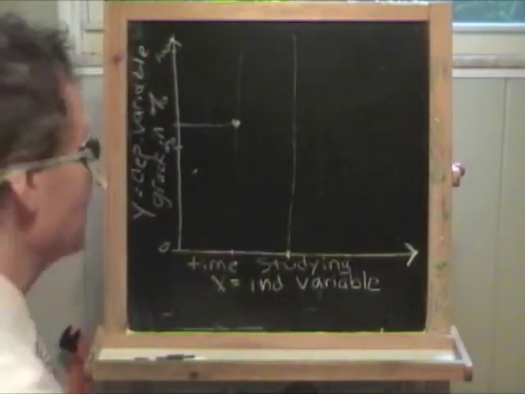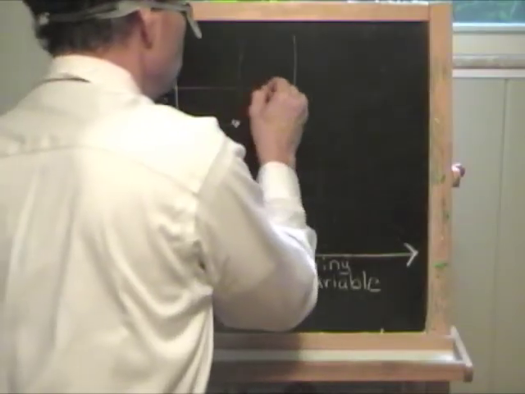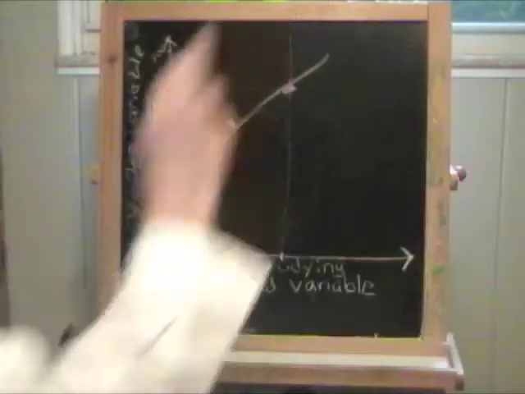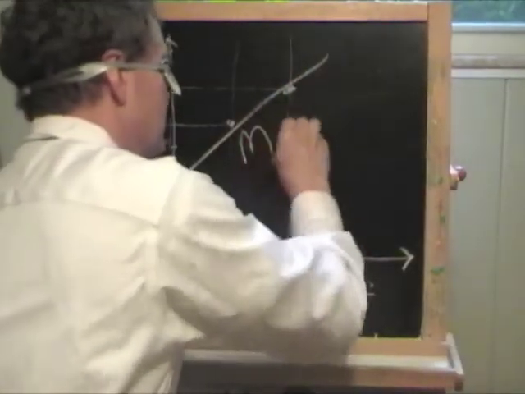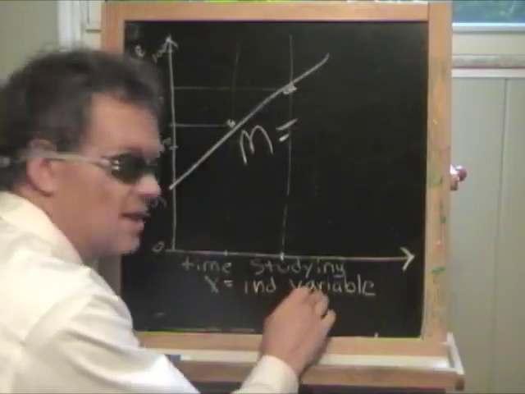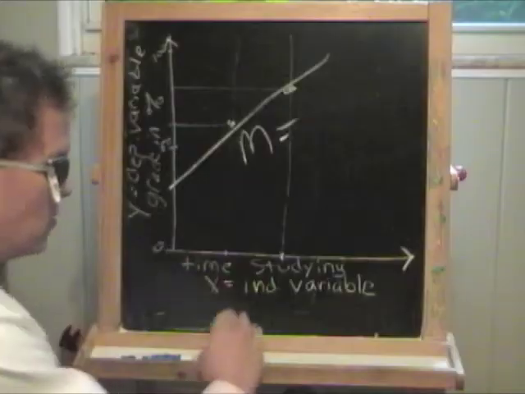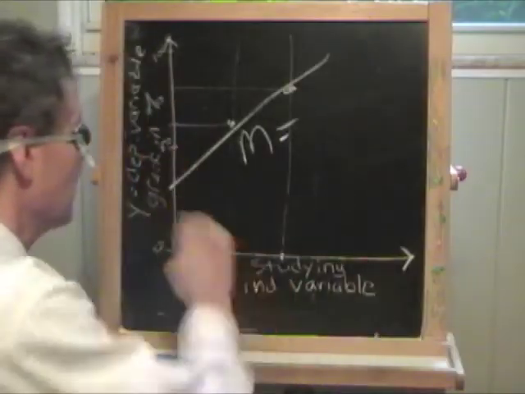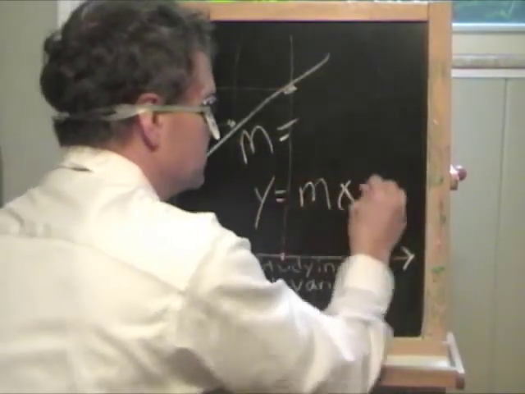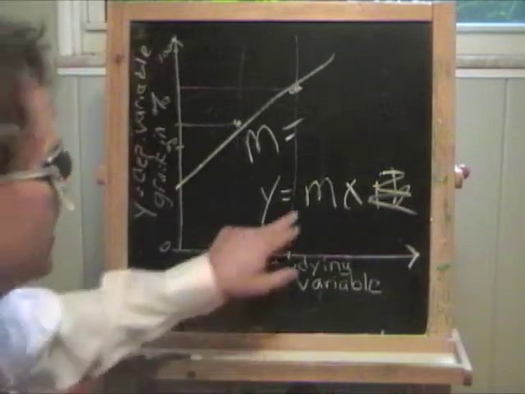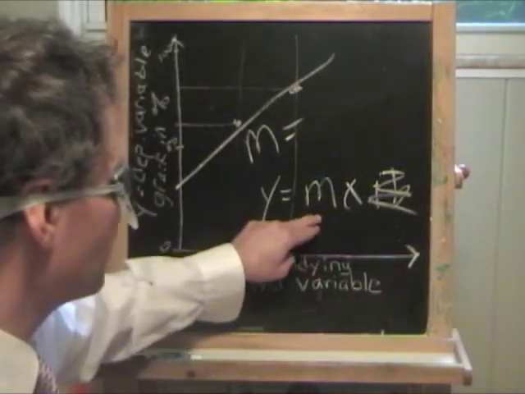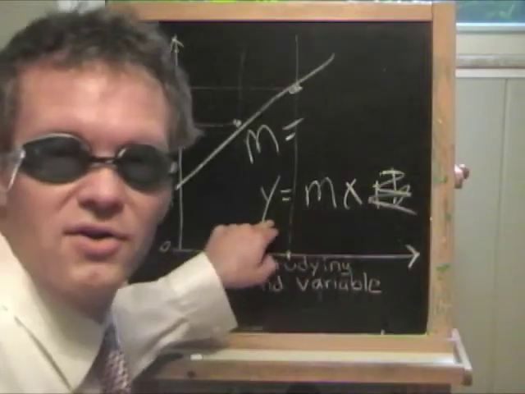You get a higher grade. Now, that line, that's your m. It shows the relation. This is positive correlation. The more you study, the better your grade. Positive correlation. y equals mx plus b. This is irrelevant. And in this case, we have a positive correlation, and there is a positive effect of studying on your grade in physics.